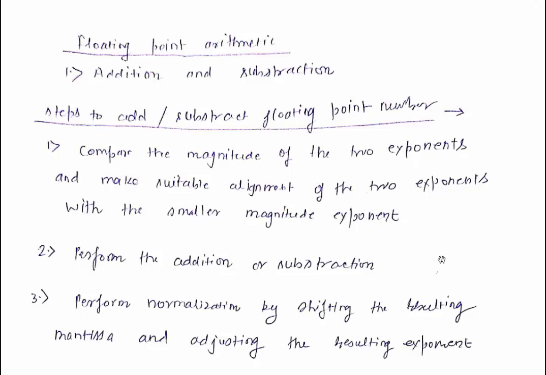So compare the magnitude of the two exponents and make suitable alignment with respect to the smaller magnitude exponent. Second, after aligning the exponent, you perform the addition or subtraction. And third step is, after addition you perform normalization by shifting the mantissa and adjusting the exponent.